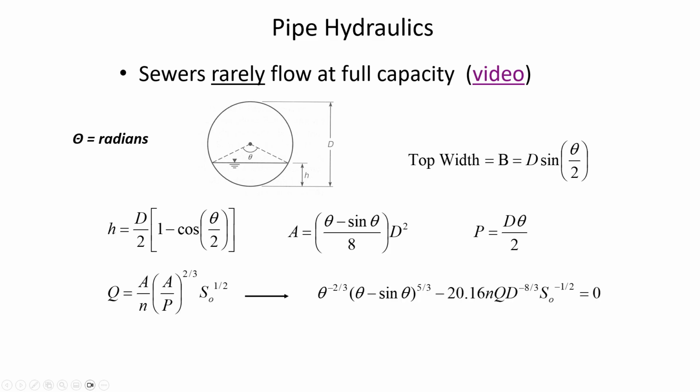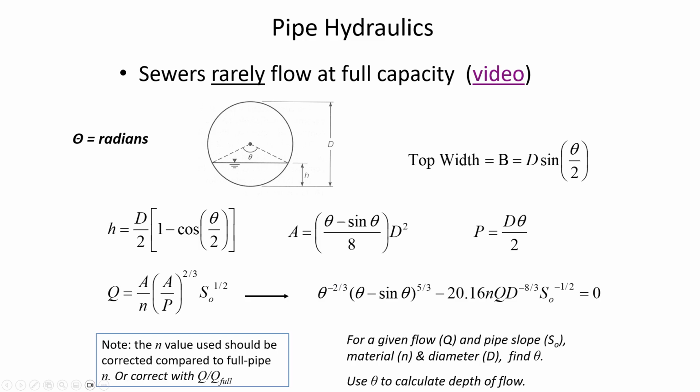But what's tricky is when we try and put this into Manning's equation. This is what Manning's equation looks like when we substitute in the unknown area, the unknown wetted perimeter as a function of the angle theta.